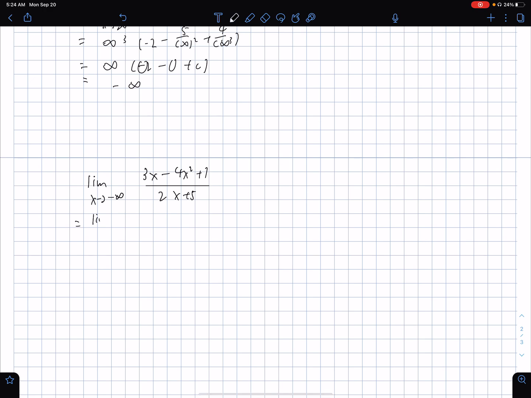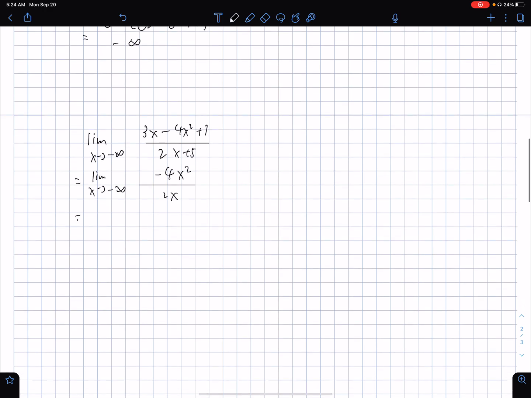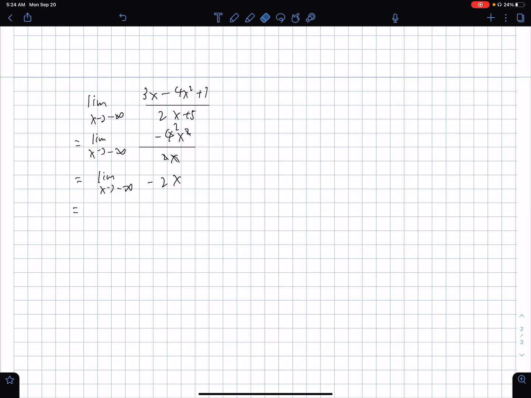So we would get the limit as x approaches negative infinity of negative 4x squared over 2x. And then we can just plug in here. If we follow the same thought process, we can first simplify, so this would be the limit as x approaches negative infinity of negative 2x. And if we just plug in negative infinity here, we easily get positive infinity.